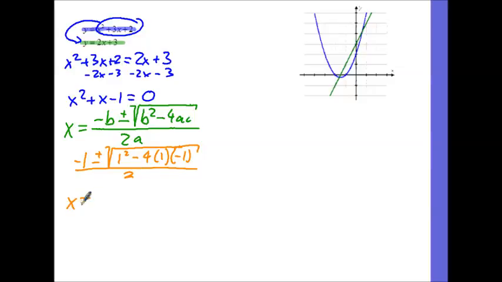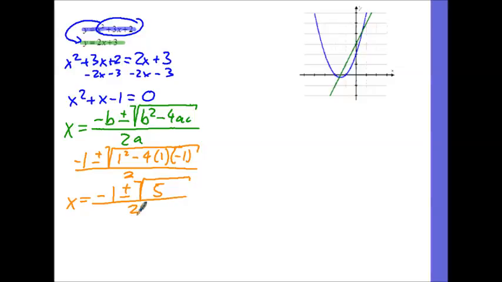Go ahead and solve this. And our x is going to be -1 plus or minus the square root of 1 plus 4, in other words 5, all over 2.